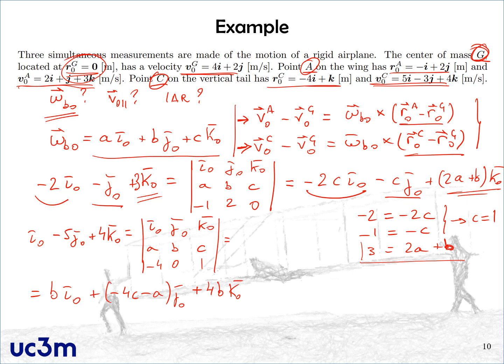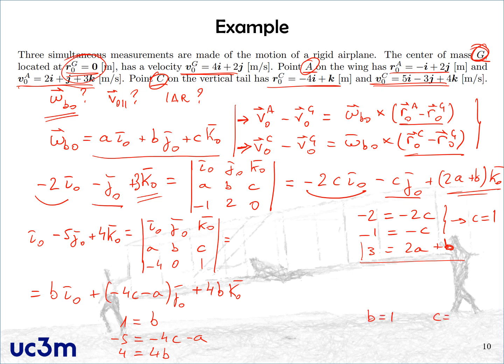From here, we find again 3 scalar equations. We just have to separate the components of each of the vectors of the basis, and we find 1 equals b, minus 5 equals minus 4c minus a, and 4 equals 4b. All right, so from here, we clearly see that b is equal to 1. Okay, so let us write here our solution.